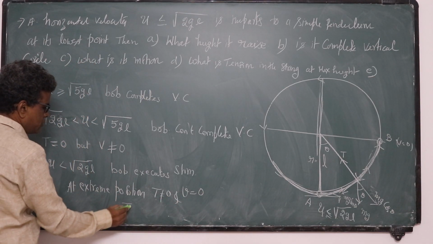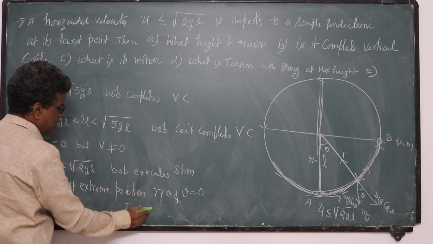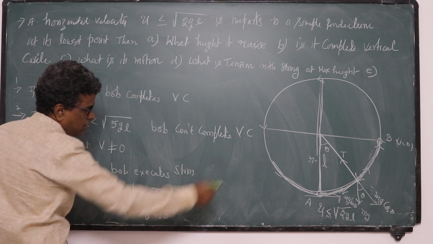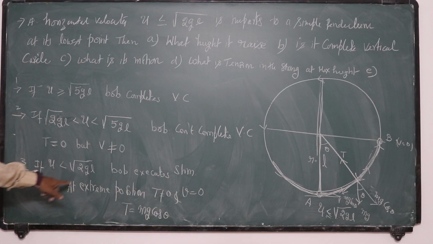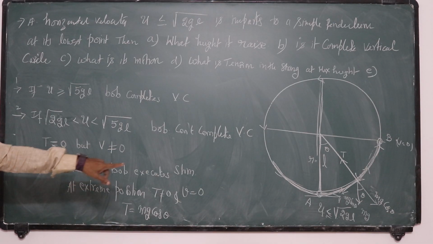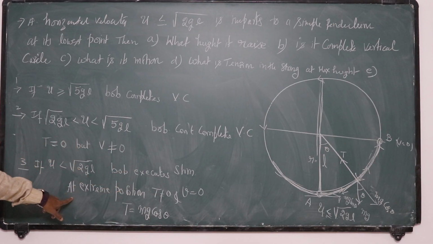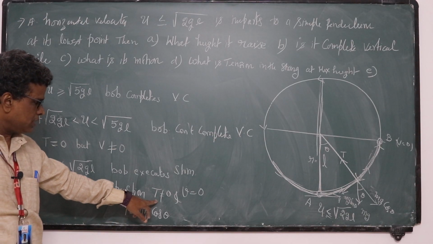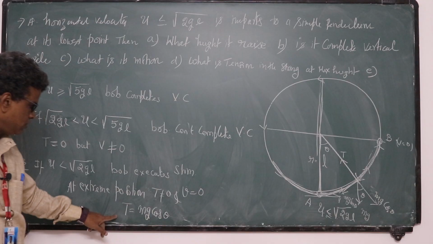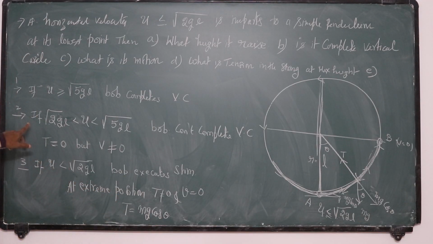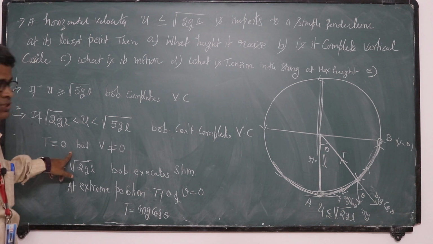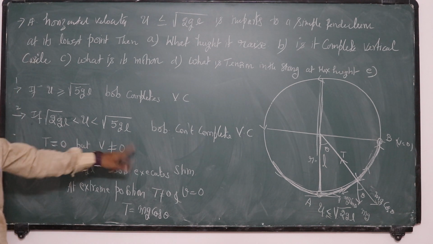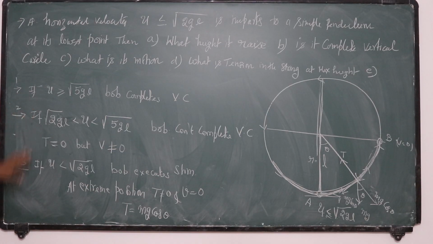The tension becomes mg cos theta at the extreme position, as we proved here, but velocity becomes 0. So you might observe, if velocity less than root 2gL is imparted to the bob at the lowest point, it executes SHM; at extreme position, tension is not equal to 0, velocity becomes 0. Keep this point in mind. If velocity lies between square root of 2gL and root 5gL, it will rise to a certain height where tension in the string becomes 0, but velocity is not equal to 0. So these are the few points I want to conclude regarding vertical circle.